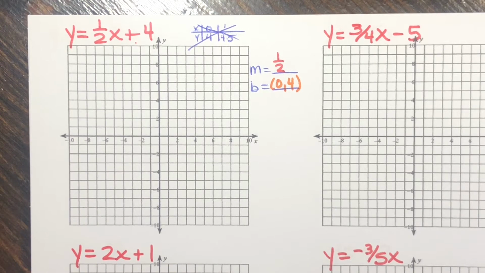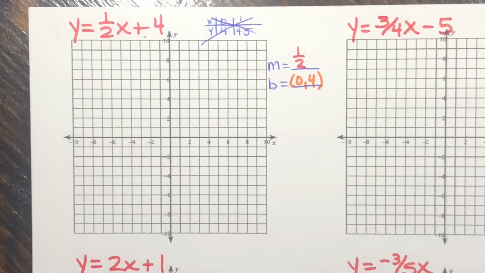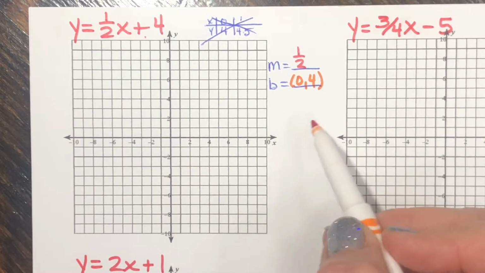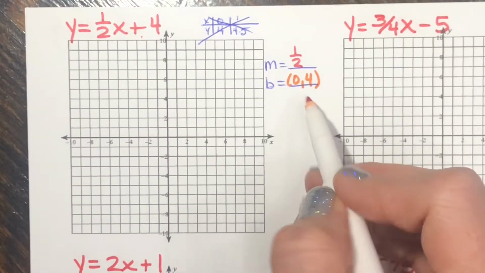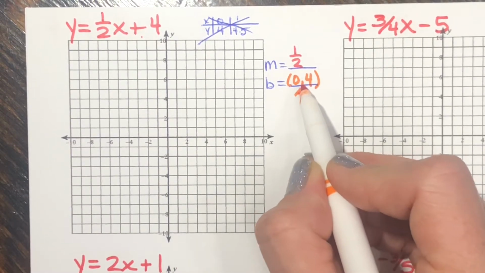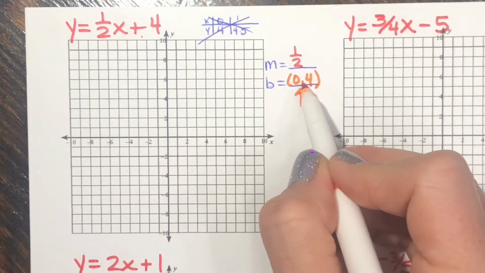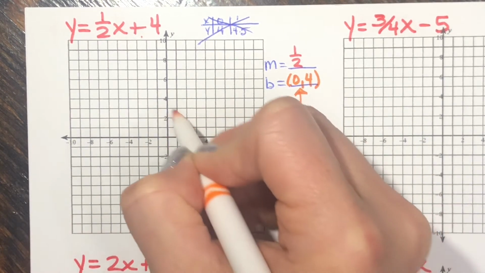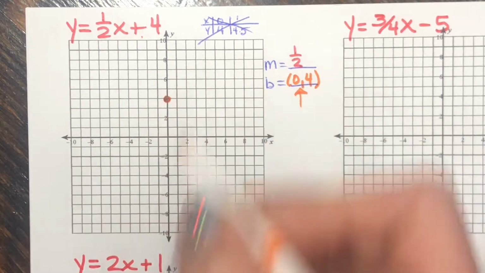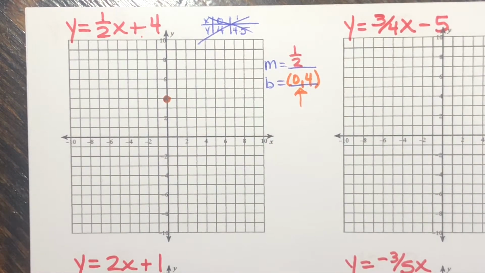I need 2 points to graph a line, right? You guys, this is the first time we're doing this without a table, but we do know where to begin. We're going to begin on the y-axis at 4, which means 0 means don't shift left or right, but go up 4, okay?